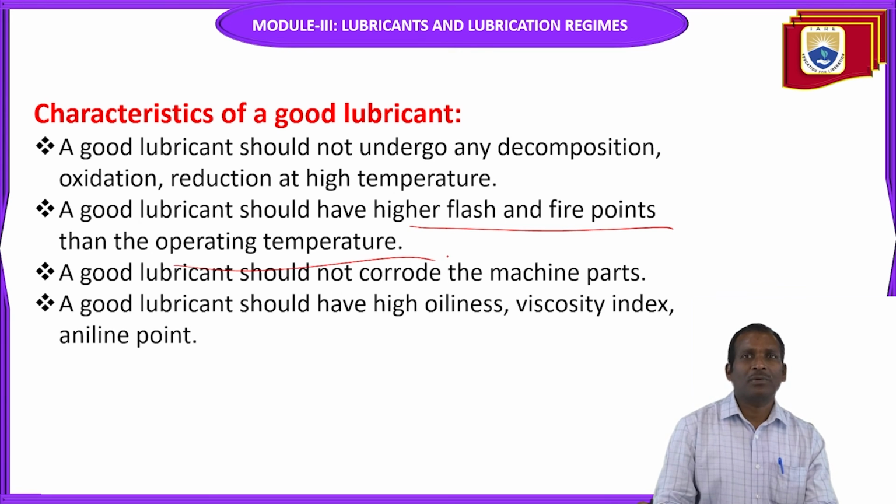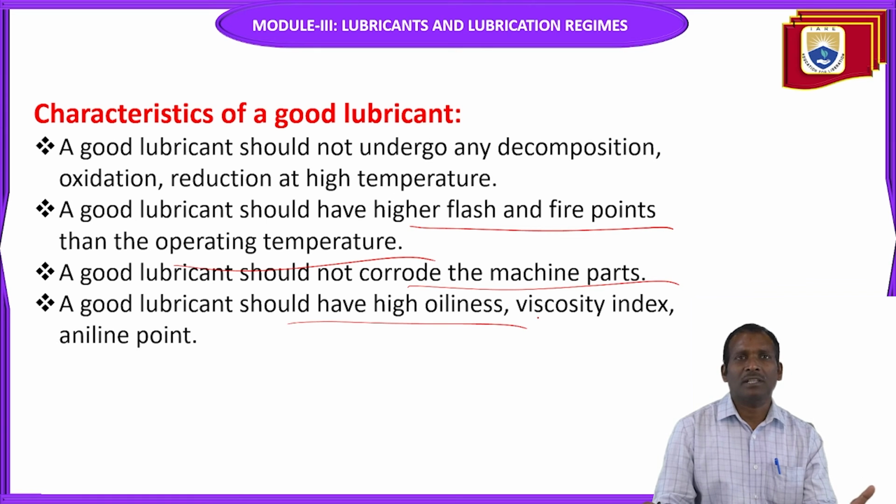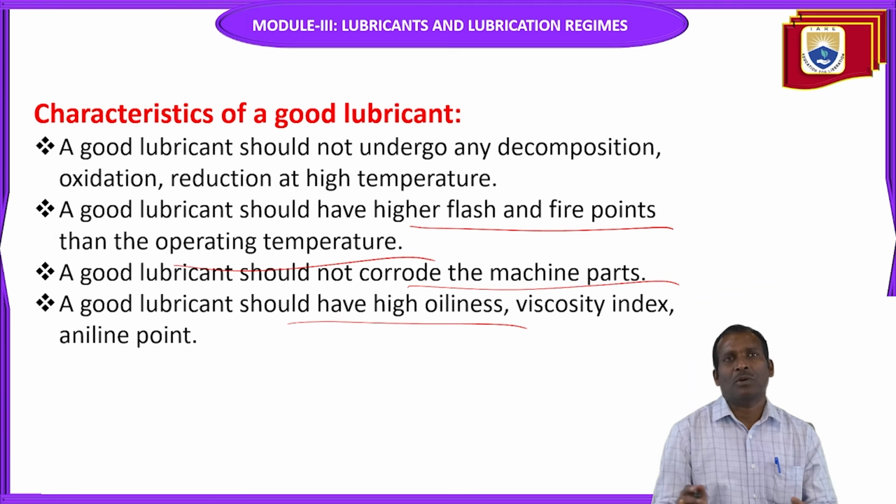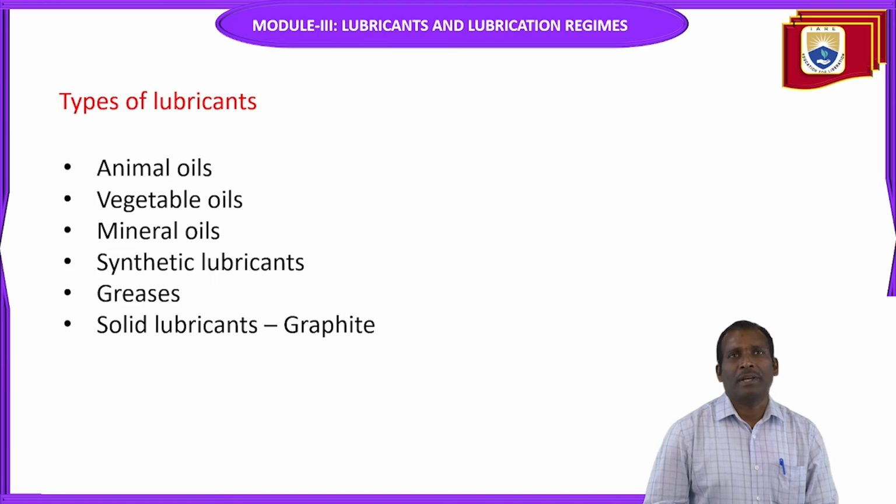A good lubricant should not corrode the machine parts. A good lubricant should have high oiliness, viscosity index, and aniline point. So these characteristics are very important for a good lubricant.